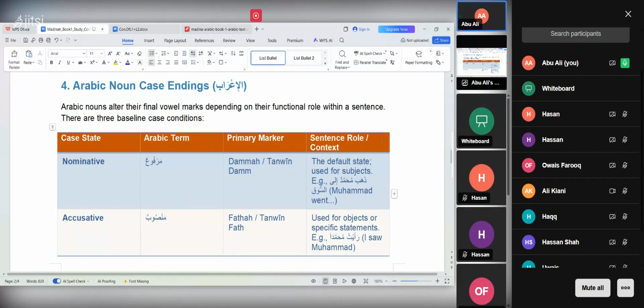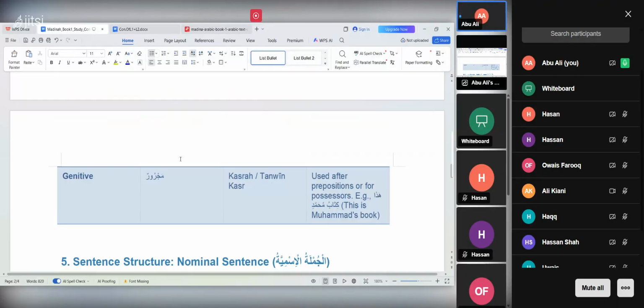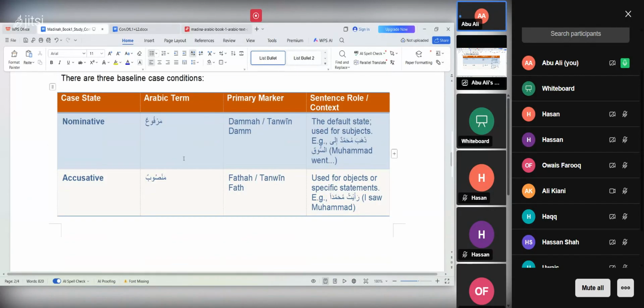Al-i'rab. Arabic nouns, like we have said, alter their haraka depending on their function. Now, we have three names for that, for nouns specifically. If you remember, we made a distinction. Nouns accept dhamma, fatha, kasra.